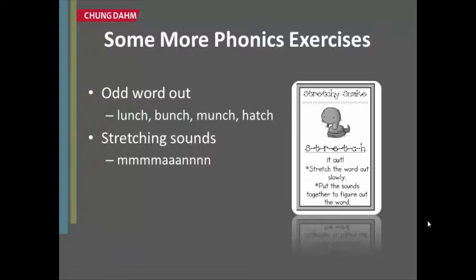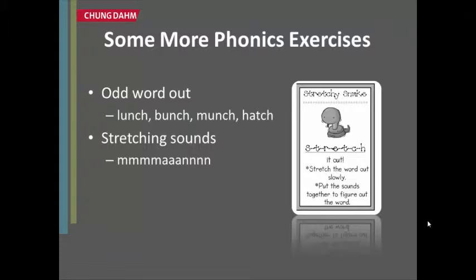Another idea is having students stretch sounds out to hear the various sounds in the word. For example, in the word man, we could say to students, let's say this together. Let's stretch this word out as much as possible. And that allows them to hear the stretchy sounds. Now we have to be careful in the sounds we choose.